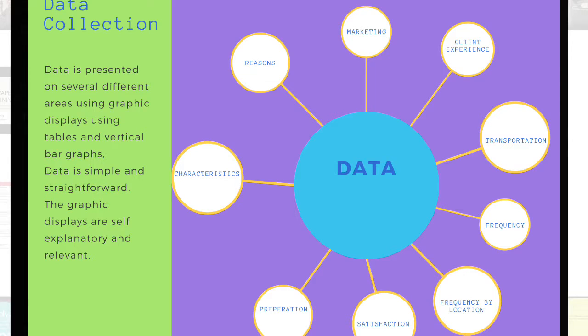The data is simple, straightforward, very easy to understand and interpret, and they had tables on several different statistics, including reasons for the program, the frequency of distribution, the frequency of location, characteristics, transportation, client experience. So they really took the survey analysis and put it into presentable data tables.